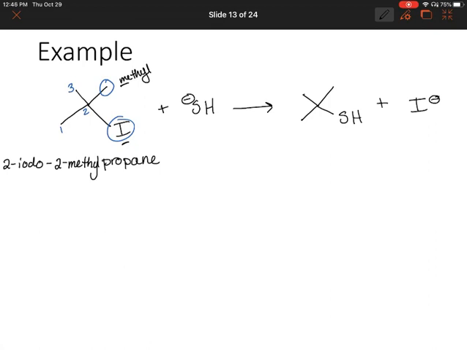So back to our original problem. Let's say a chemist is trying to figure out whether this reaction is first order, second order, or third order. The way they would do that is they would change the concentrations of each of the reactants. So let's say in the first reaction, they keep the concentration of 2-iodo-2-methylpropane constant.